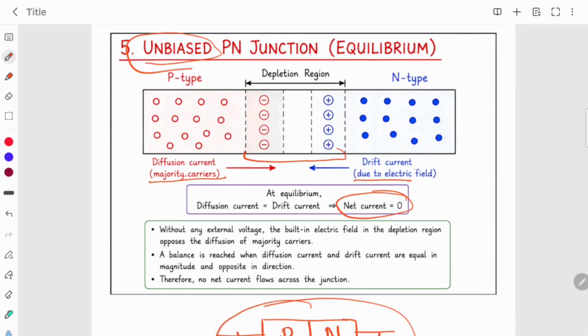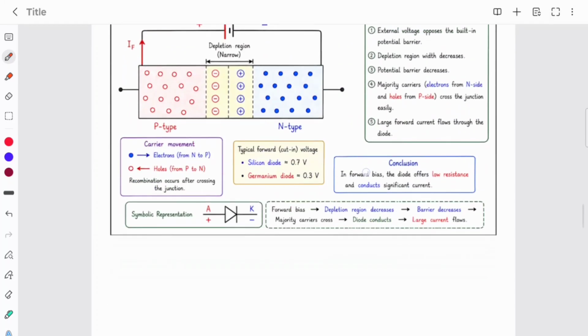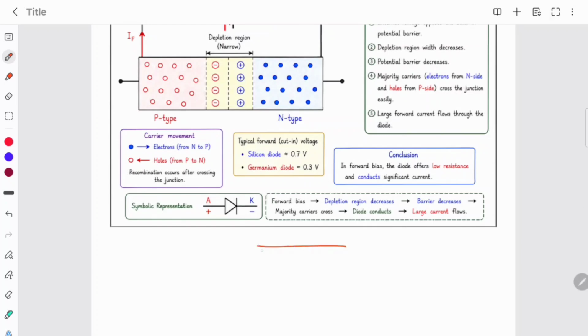Now next we'll see the forward bias condition. In forward bias or forward conduction mode, let's connect an external battery with this diode. This is the P, this is the N, this is the anode, this is the cathode.